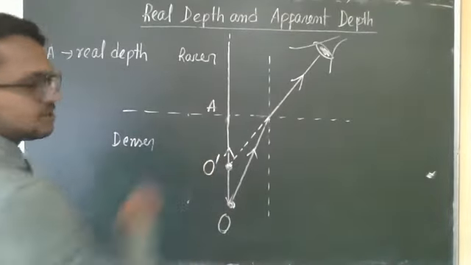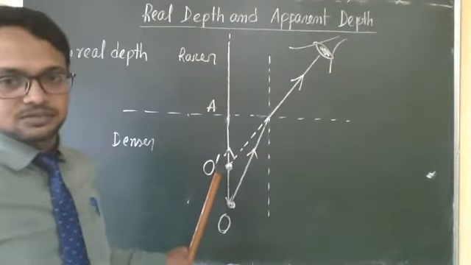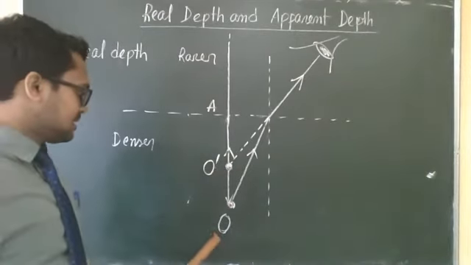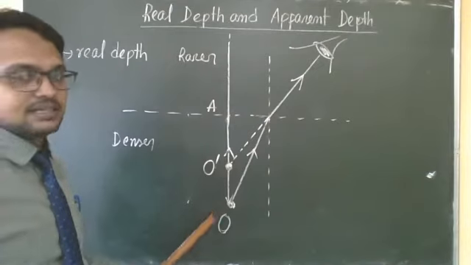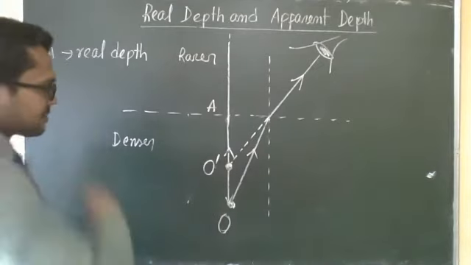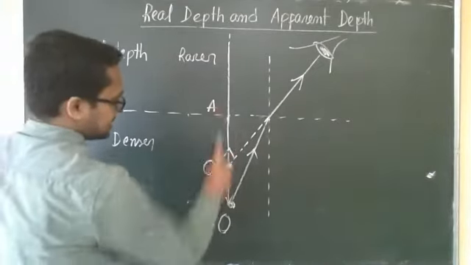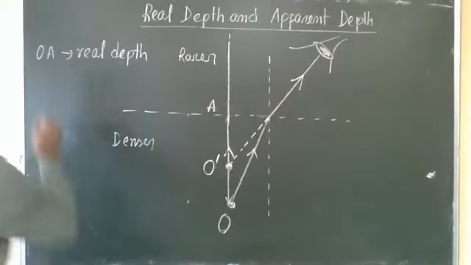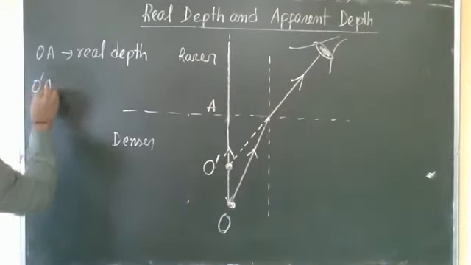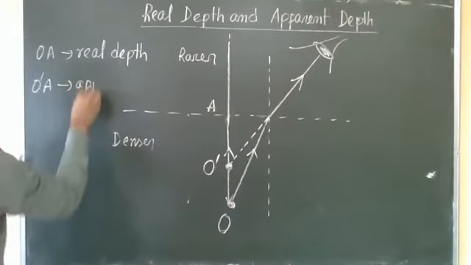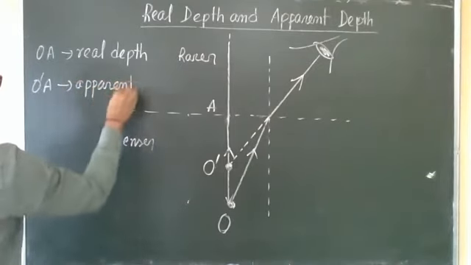So this is not the real object, this is a virtual object. Really the object is here. So this depth, our eye can see. This depth, O prime A, is called apparent depth.